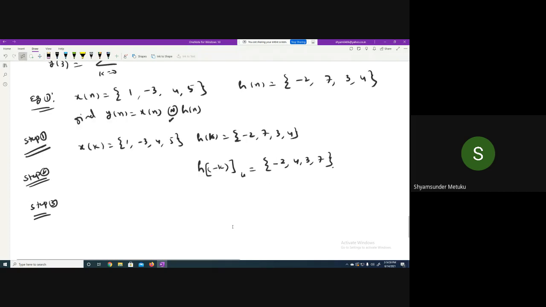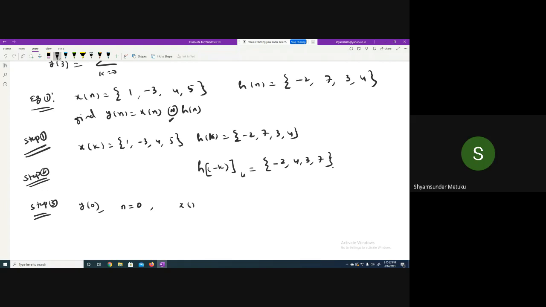Step 3: shift the folded signal based on the time value. So first I want y of 0. So y of 0 means n equal to 0, no? When n equal to 0, do I need to shift or simply multiply the time reversed sequence with the unfolded signal? Direct multiplication, right?